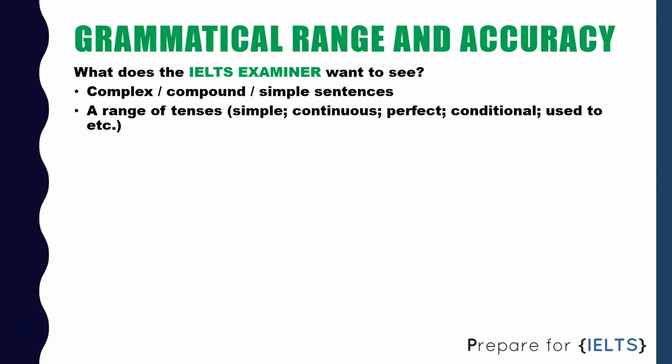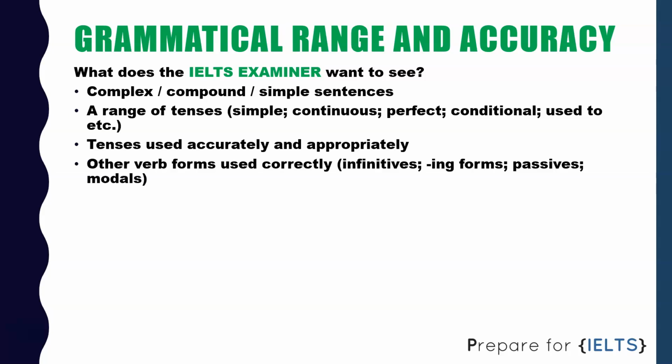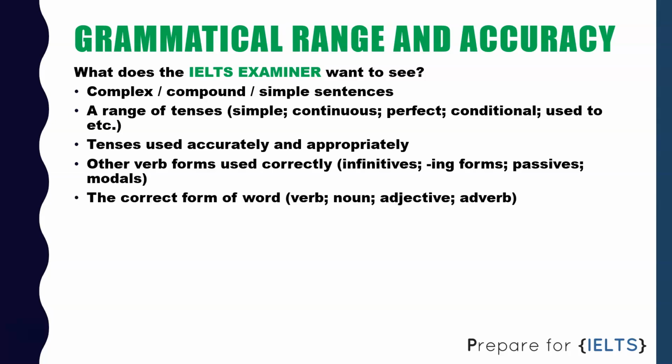You need a range of tenses, so simple, continuous, perfect, conditional, used to, and you also need tenses used accurately and appropriately. That's quite hard with perfect tenses, but if you can, then you get a lot of credit. You need other verb forms used correctly as well, so infinitives, ing forms, passives, and modals, for example.